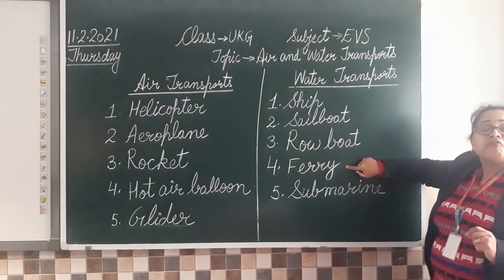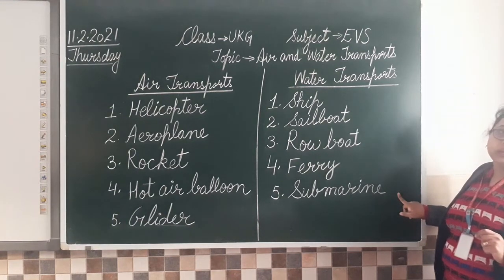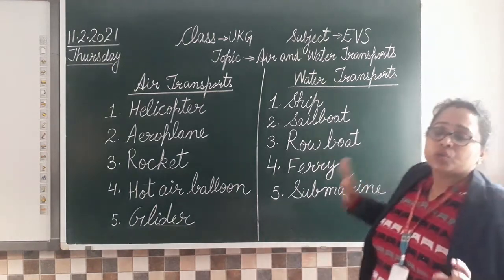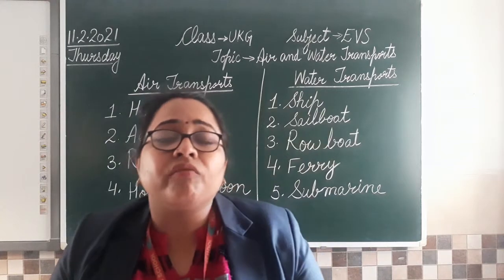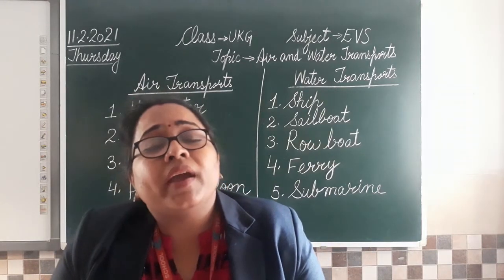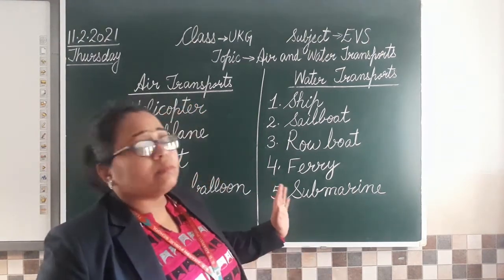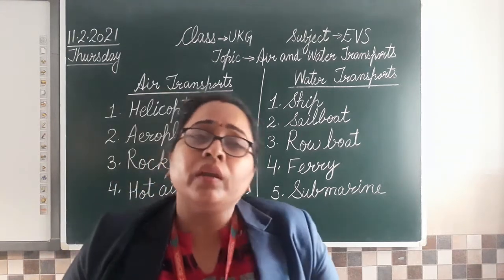And we have ferry, and last we have is submarine. Is that clear? So now class, today we have to write all these names in our EVS notebook. But how we are going to write, I'll just tell you, because we are going to write all these names on one page.